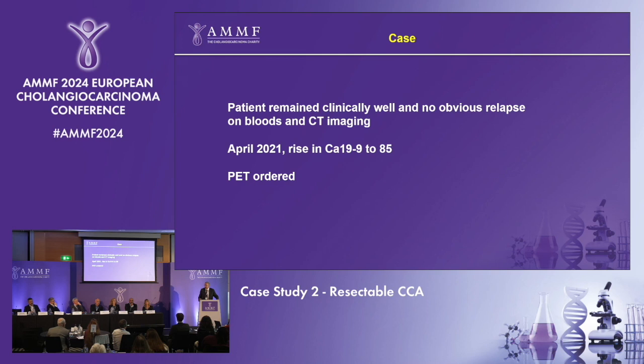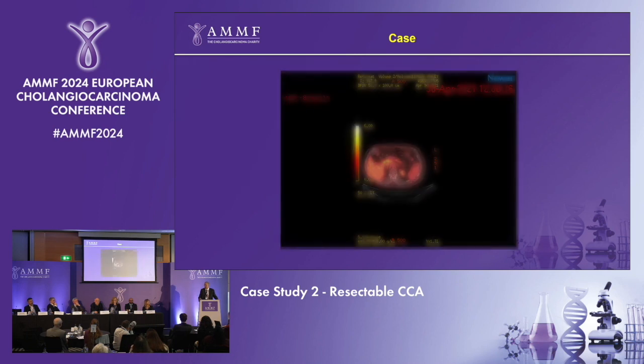So anyway, the lady stayed well for a number of years actually, but then on imaging there was nothing to see, but the CA19-9, which we're checking, started to creep up to a slightly uncomfortable level. So we did a PET, and that shows this. I think we can see a hot spot there.